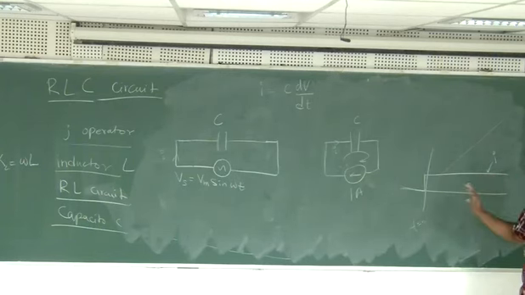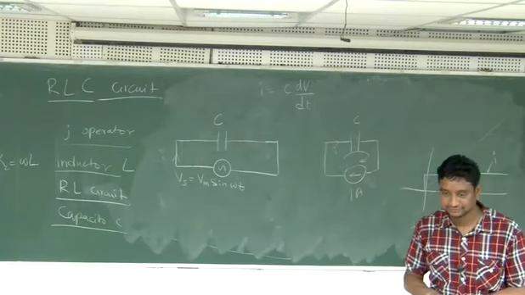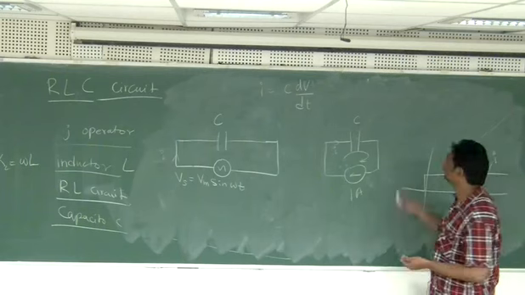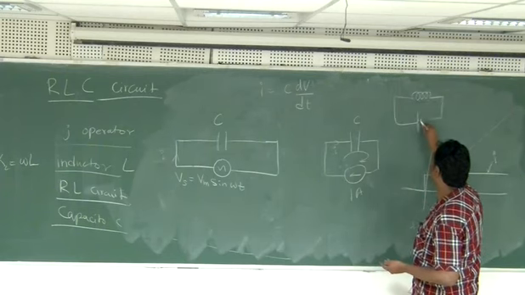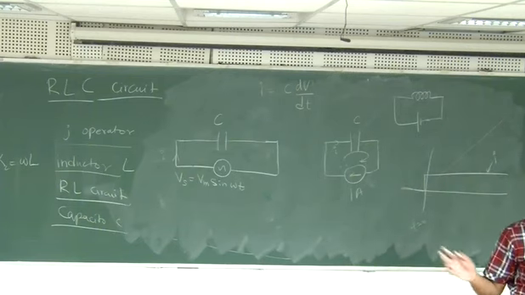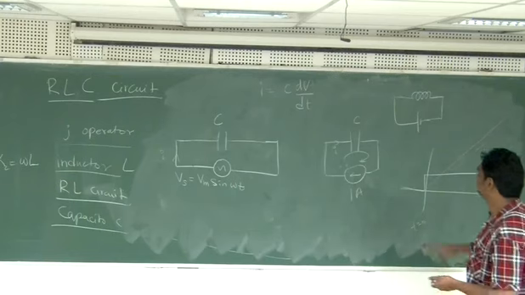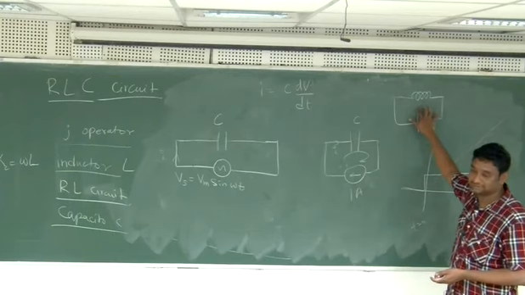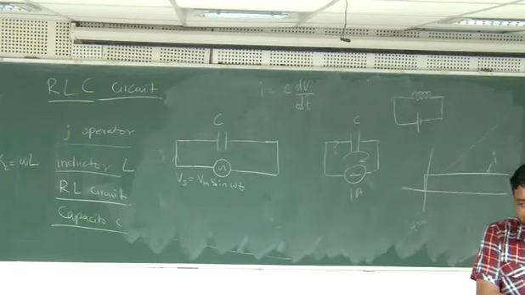The same thing is with the inductor. What do you do for an inductor? You take an inductor and put a battery across it, 3 volts or 5 volts or whatever battery. Then what is the current? It's a constant voltage applied, so basically I am asking what is the integration of a constant?